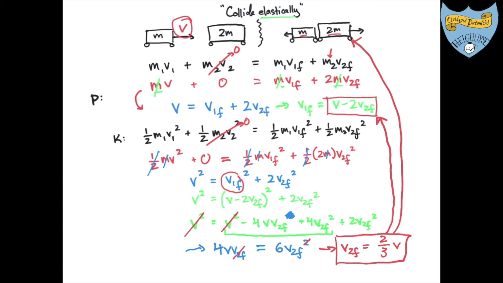If I take it and plug it in for my expression for V1 final, again, you can do the algebra on your own to verify, but the answer you will get is negative 1/3 V, meaning it bounces off and it's going at a speed of 1/3 of whatever it started with. I did draw it bouncing off in my diagram, but that was an assumption. Sometimes after these collisions, it will continue to move to the right, and that's just how those go.